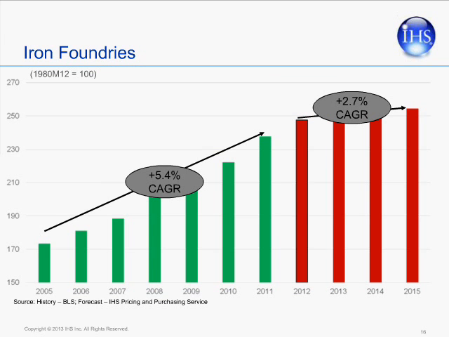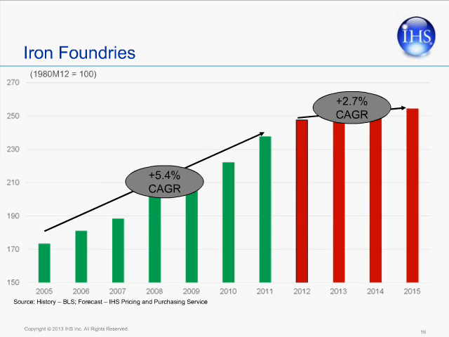And what we want to identify, especially in the case of iron foundries here, is while we still do see prices going up and still see an increased cost contribution to the valve cost, there's a bit of a kink here, and in our forecast horizon, the escalation rate is much, much lower.